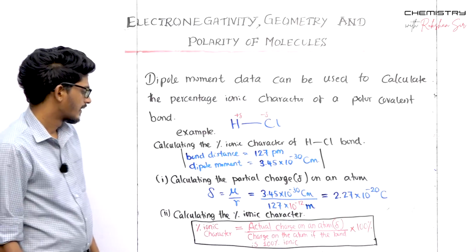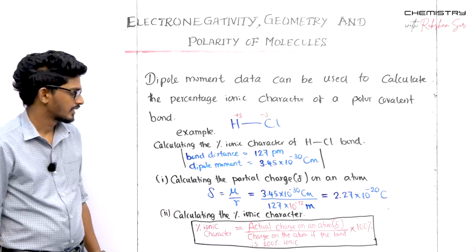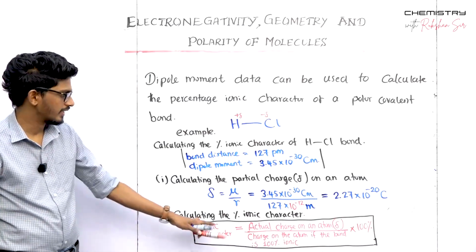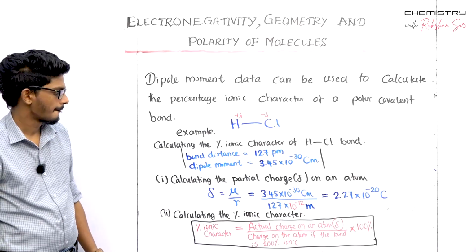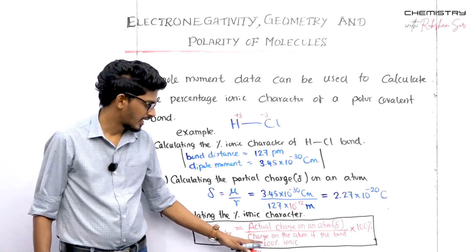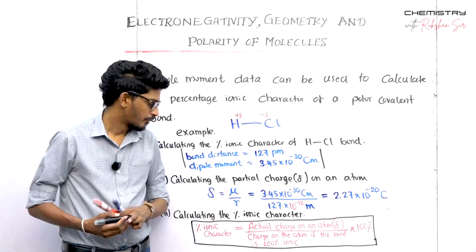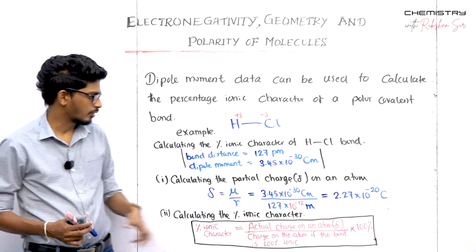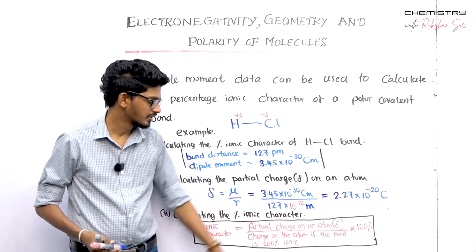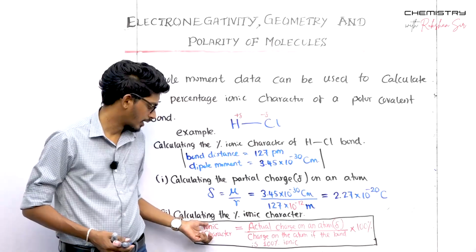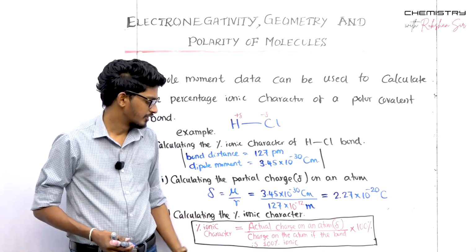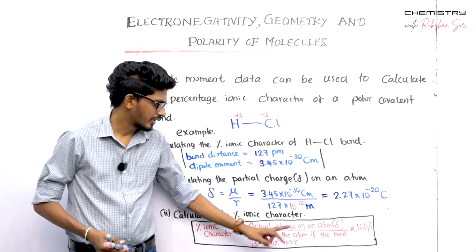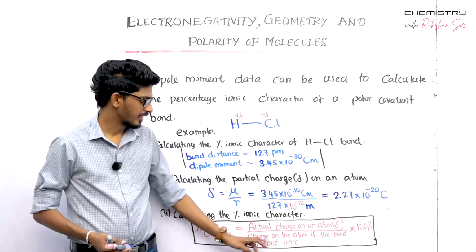First of all, let's calculate the charge on the atom if the bond is 100% ionic. We have calculated the delta charge already. So before coming up with the ionic character, we should know the charge on the atom if the bond is 100% ionic.